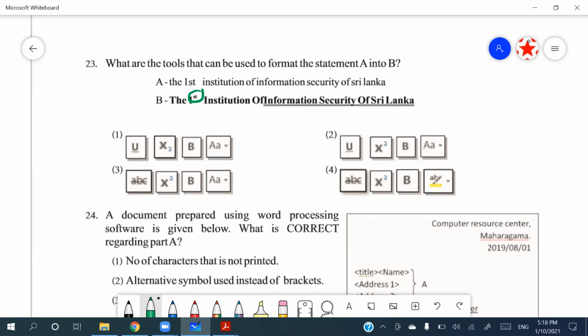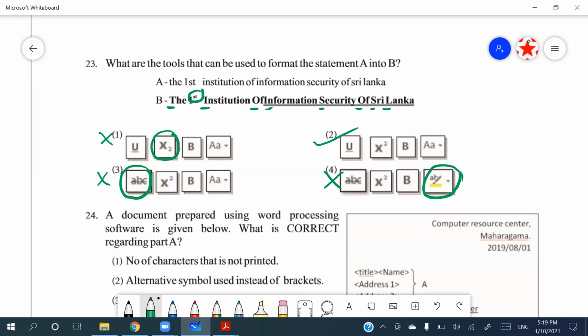Yes, the case tool is there, because here it is all simple, and here each and every word starts with a capital letter. So we need the case tool as well. So it is the underline, superscript, bold, and case tool. This is subscript, so because of that, this is wrong. And this is strikethrough, so because of that it is wrong. And this is highlight colors, so because of that it is wrong. So the second one is the correct answer, right?